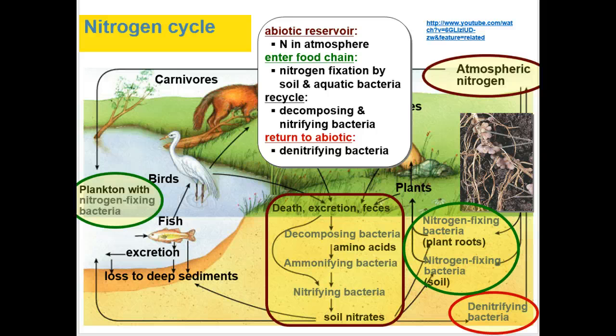Here's a chart to help visualize this. Again, the abiotic reservoir is nitrogen in the atmosphere. It enters the food chain by nitrogen fixation, by soil and aquatic bacteria. It's recycled by decomposing and by nitrifying bacteria, and returns to the abiotic by denitrifying bacteria.